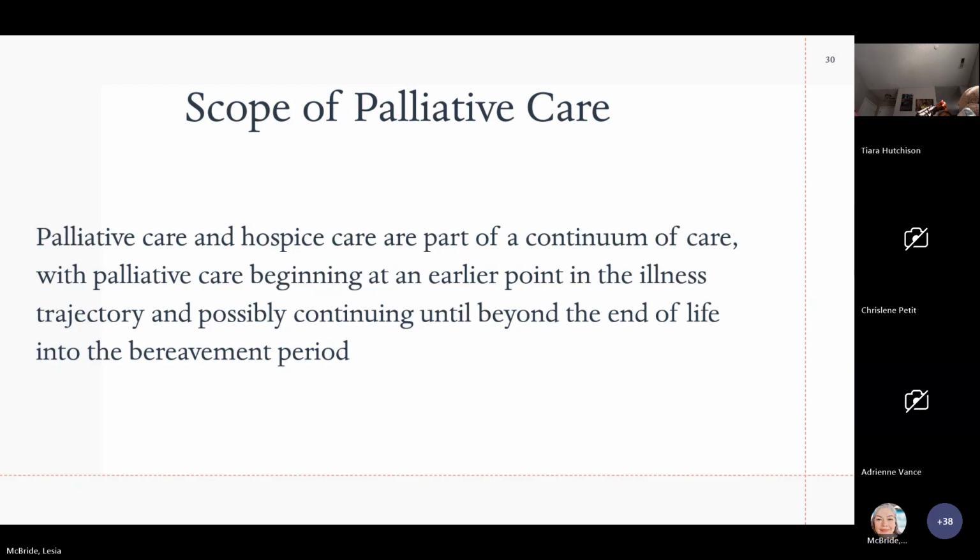Hospice is provided by Medicare, and Medicare says that the survival of the person is 6 months or less. But with palliative, it can be any time that they have a condition that's going to limit their life longevity. So that's a whole difference.